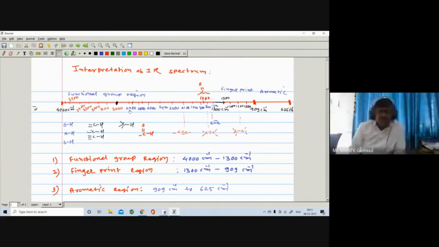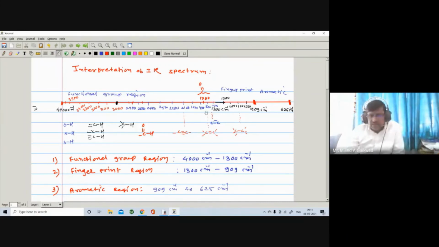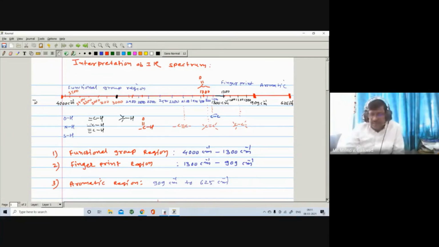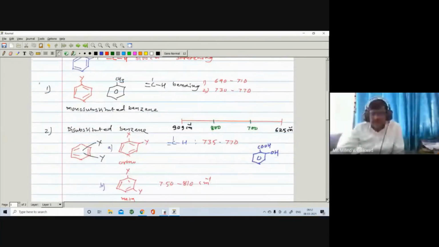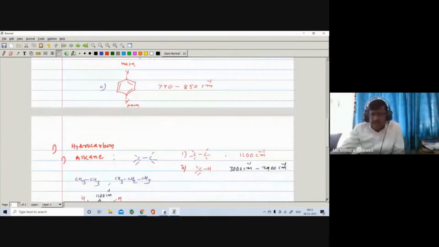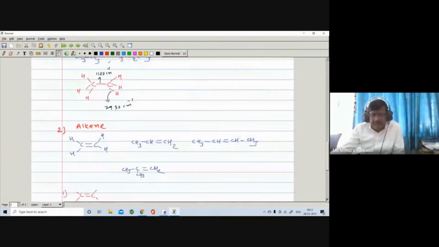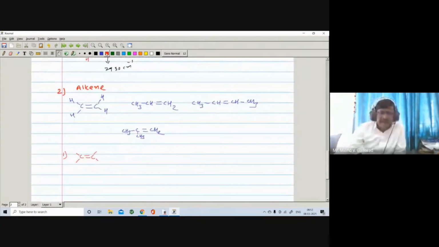Very good. Here, the carbon-carbon double bond will appear at 1600. You have to remember the data. The carbon-carbon double bond of alkene will appear near 1600, not exactly 1600; just for remembering, I have given the value 1600.